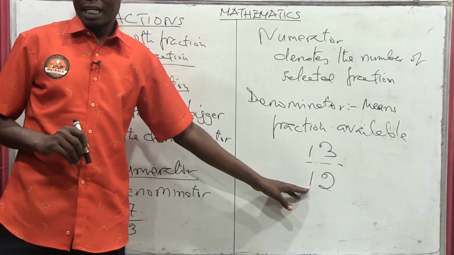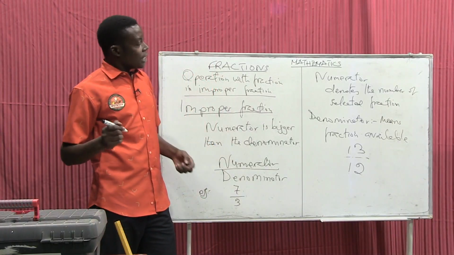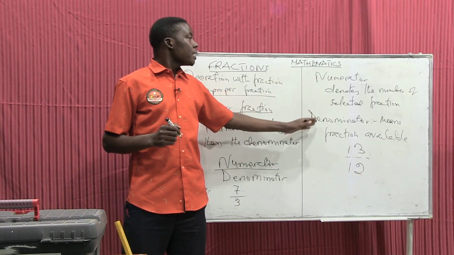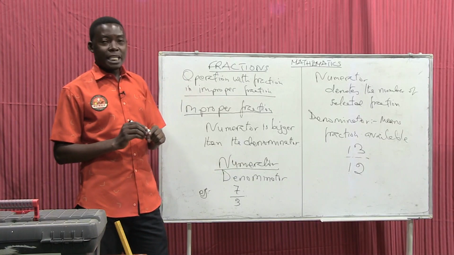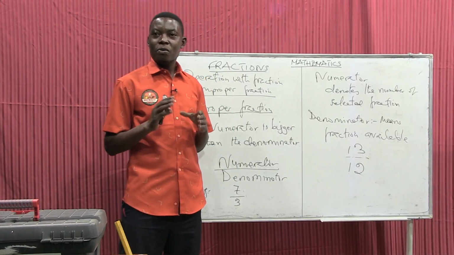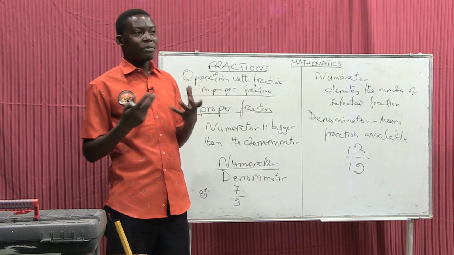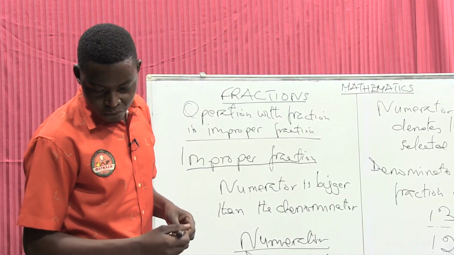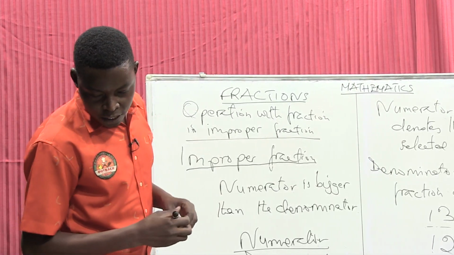It is difficult. So what to do now is to change the improper fraction into either a whole number or a whole number and a fraction. So we will see how to change this.